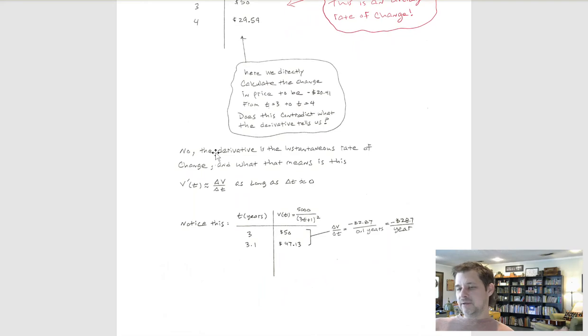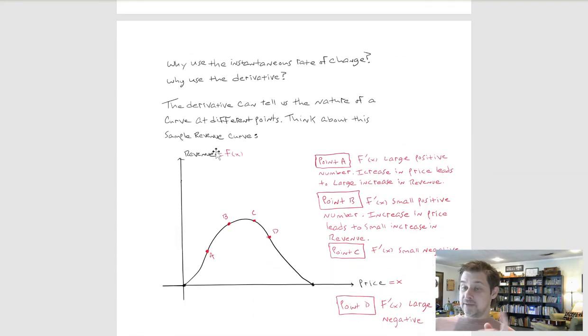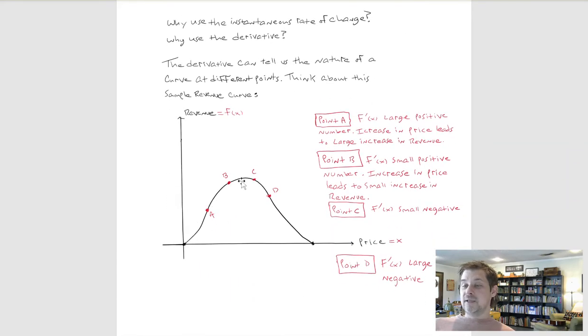It still gives us a way to think about it. But the derivative can tell us that revenue does depend on price, and we might be concerned about whether increasing price would lead revenue to get bigger or smaller, and by how much. And that's what it does. It explains the curve across all of its domain.